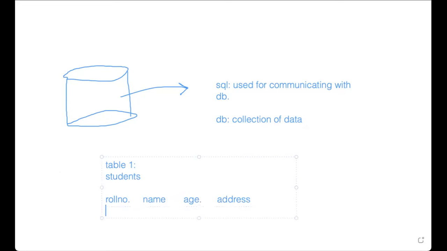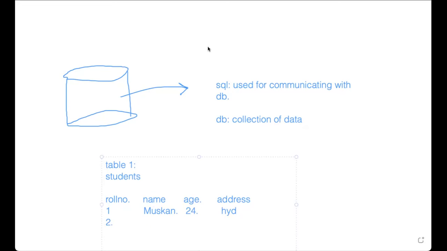For example, my roll number is 1, my name is Muskan, my age is 24, and my address is Hyderabad. I'm not writing the full thing.